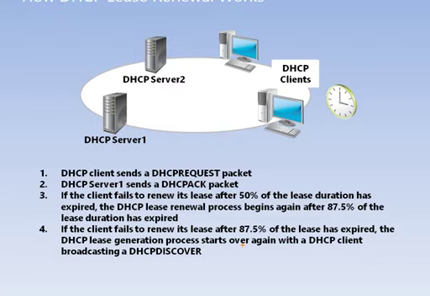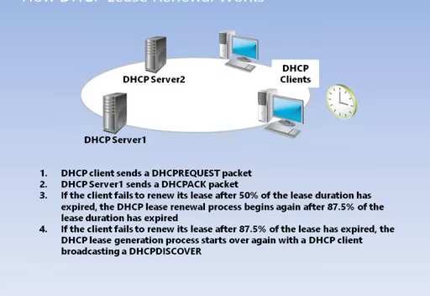The first step is at 50% of the time elapsed. The second attempt is at 87.5% of the time elapsed. If DHCP is reachable, then the IP gets renewed and the lease time gets renewed. But if after 87.5% of the time the client is not able to contact the DHCP server for renewal, it starts sending the message again on the network.